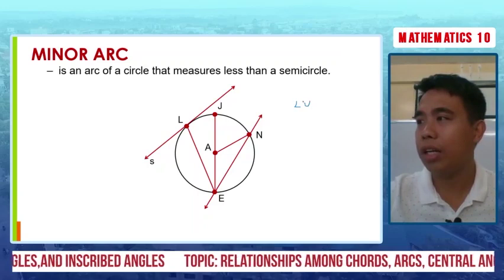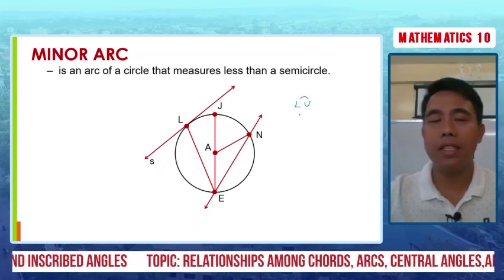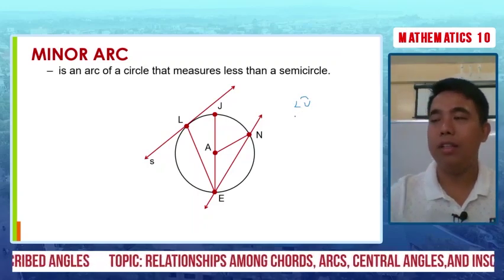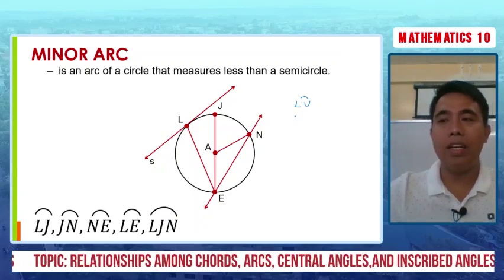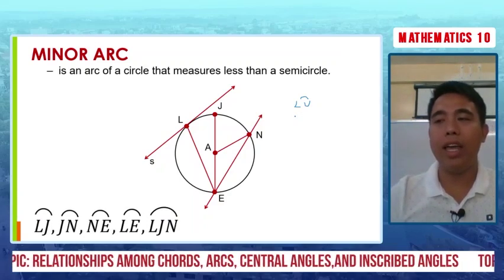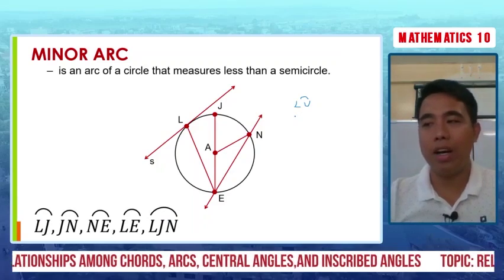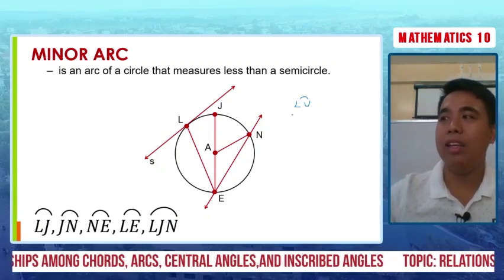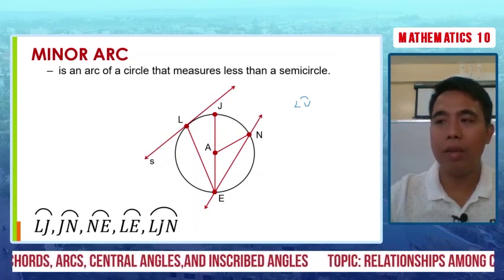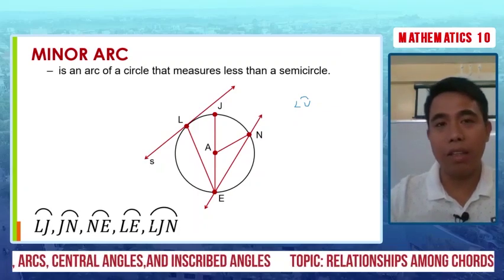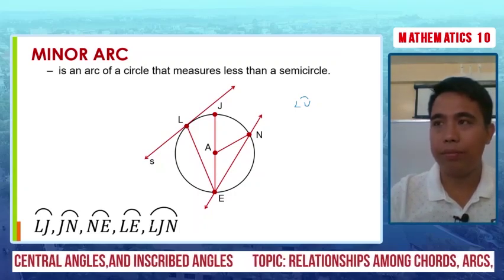So arc LJ is a minor arc. And here are some: arc LJ, arc JN, arc NE, arc LE, and arc LJN. We can also name it with 3 letters, that is okay, but usually we name the minor arc with 2 letters.